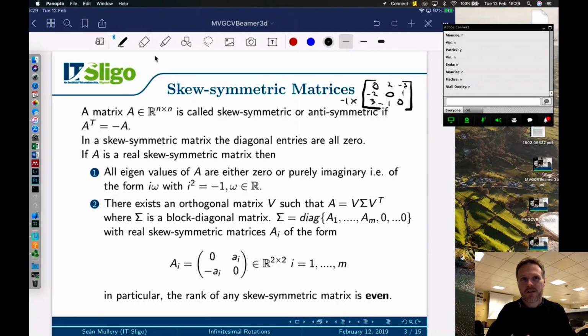So a skew-symmetric matrix will have a rank that is even. It will either have 0 as a rank, which means it's just a zero matrix, or you could have a rank of 2 for a 3 by 3 matrix.